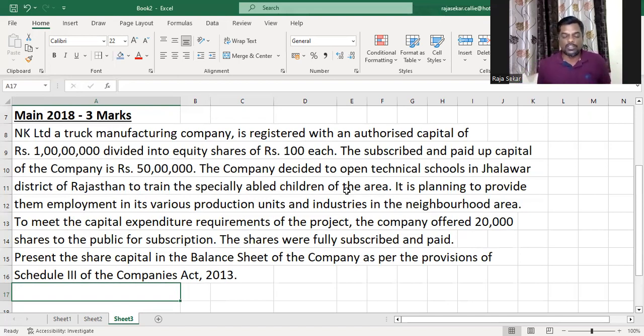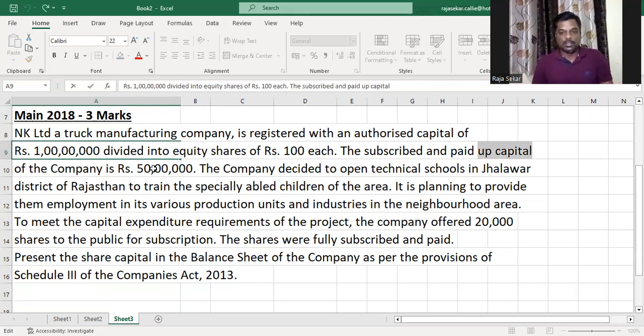So this is one of the easiest questions that has been asked in the board exam till now. As you can see in this question, there are no calls in arrears or share forfeiture. All the shares have been fully called up and fully paid up. As you can see, the company already has a paid up capital of 50 lakhs, as evidenced by this statement here.